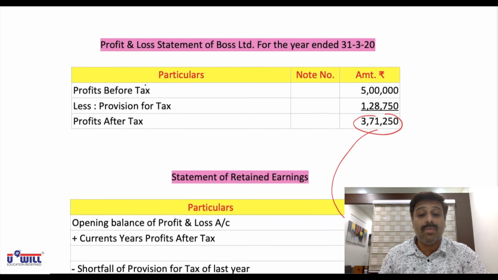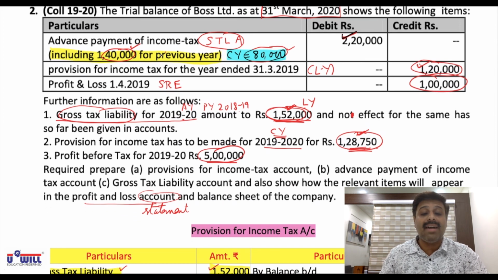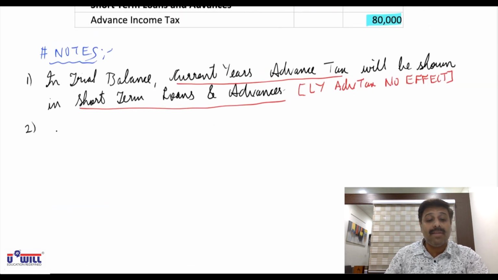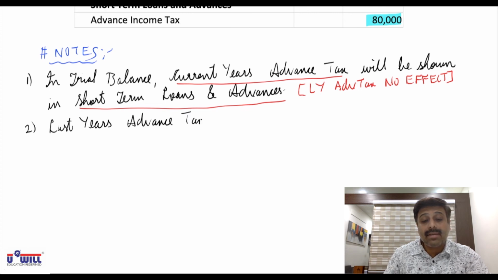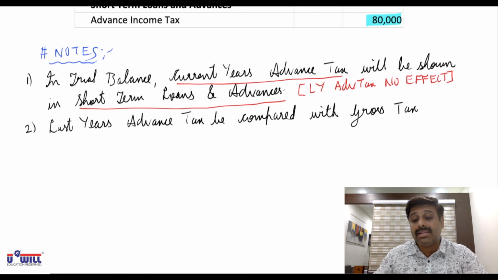Now, second thing you have to remember is, from trial balance, provision for income tax and advance tax of last year, both you compare with gross tax liability. We do it one by one. Last year's advance tax be compared with gross tax liability.